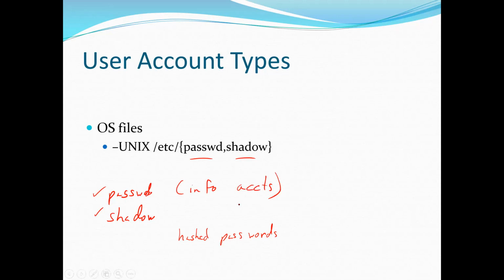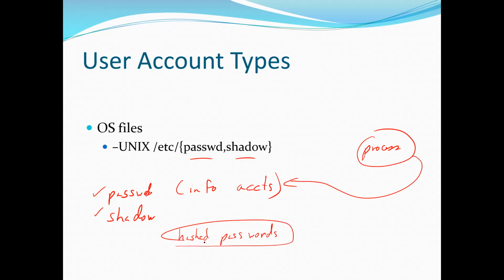So why not have them in the same file? Sometimes you have a process running on Unix that needs information about an account. They might need to know the folder of that user, or the ID of that user, but they don't necessarily need information about the password. They only need information about the account.